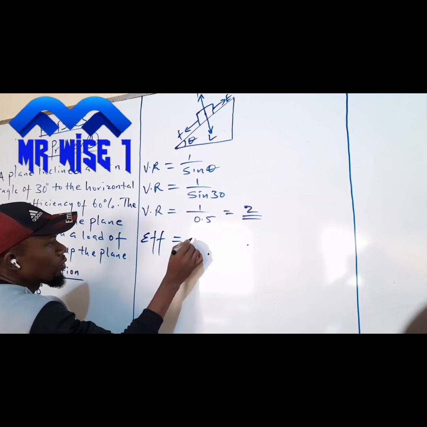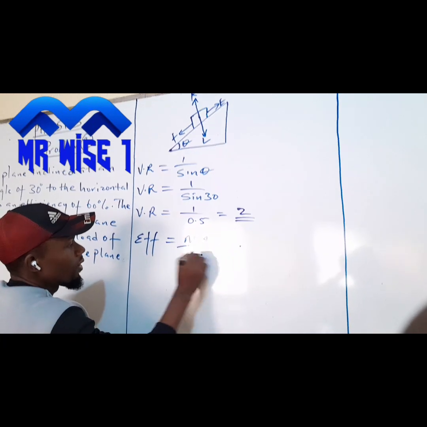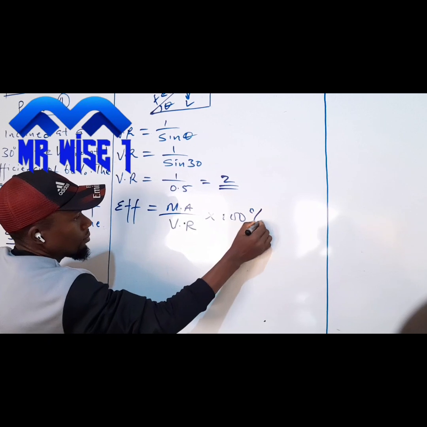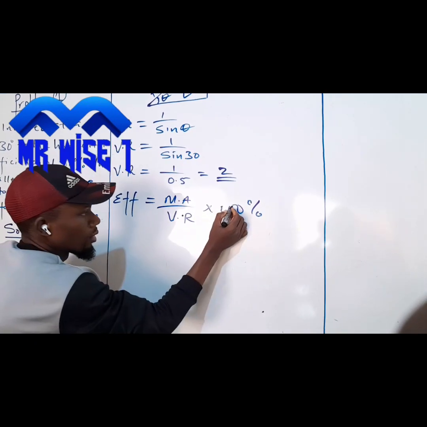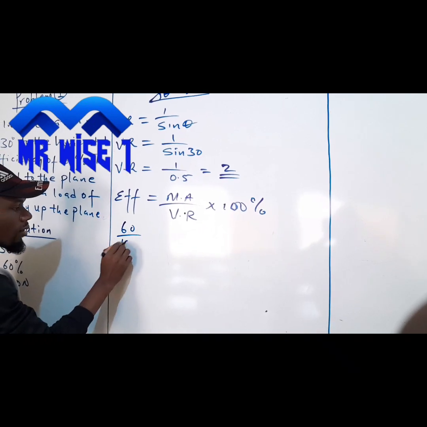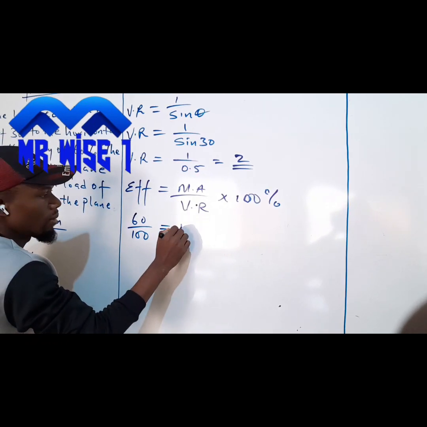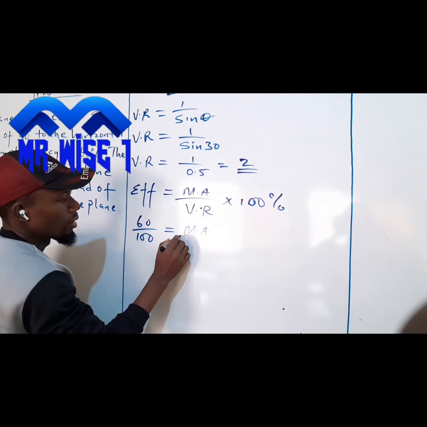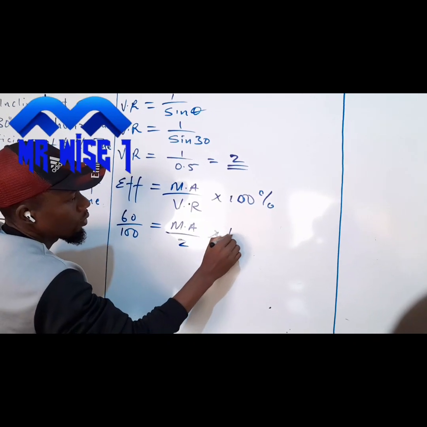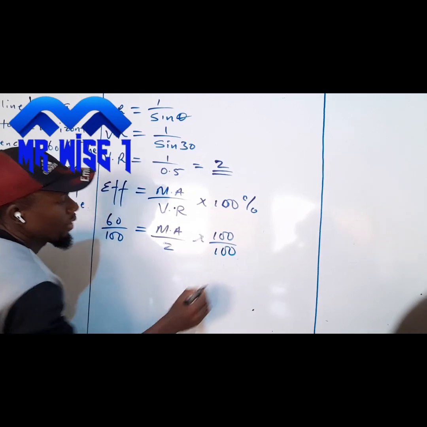The next thing I'm going to look for is my effort. Efficiency is equal to mechanical advantage over velocity ratio times 100%. My efficiency is given as 60 over 100 is equal to my mechanical advantage, which is not given, over my velocity ratio, which is 2, times 100 over 100.